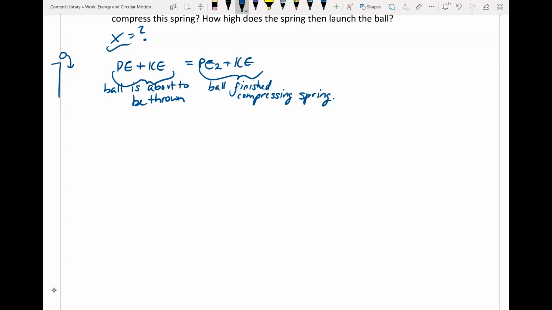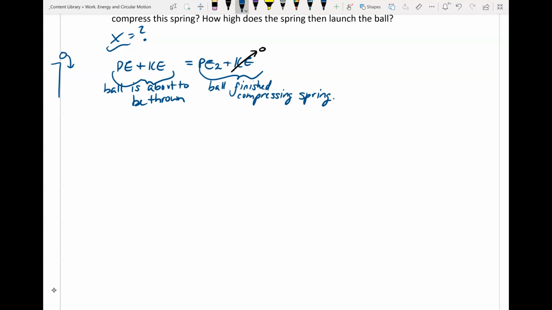If we're just simply dropping the ball, then we won't have any kinetic energy, but because we're throwing it, we will have kinetic energy. On the other side, if we're thinking about the ball finished compressing that spring, we're not going to have kinetic energy anymore. We just have potential energy that's being stored in that spring. So the ball is no longer moving in this scenario. So we have PE plus KE is equal to PE2. I'm going to replace our potential and kinetic energy with the actual formulas.